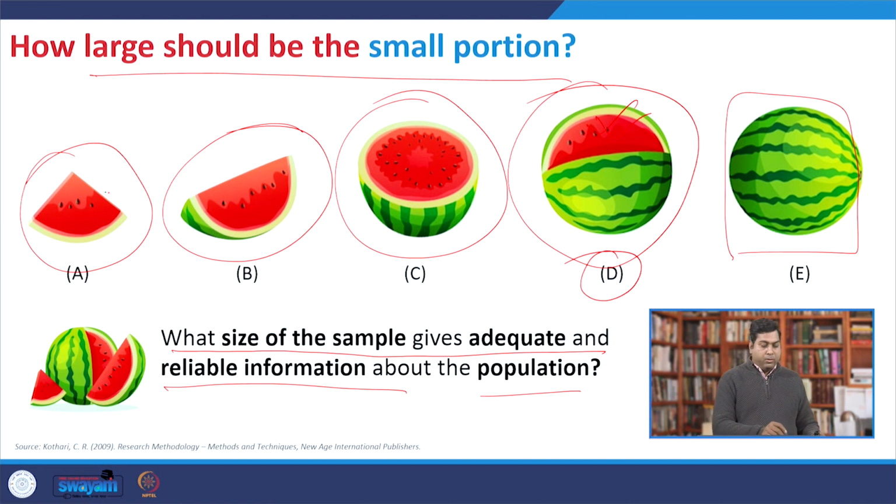But if we only go for this one, which is probably the 1/8 portion, and it can convey the overall taste, quality and appearance in terms of color for the watermelon, then we'll go for 1/8 rather than the 3/4 option, because you can taste it very quickly and easily, without wasting much resources.